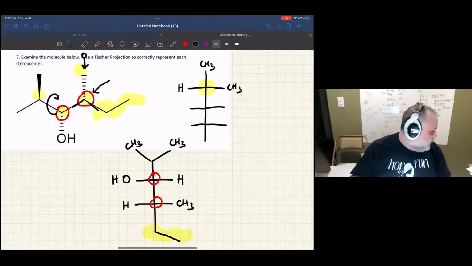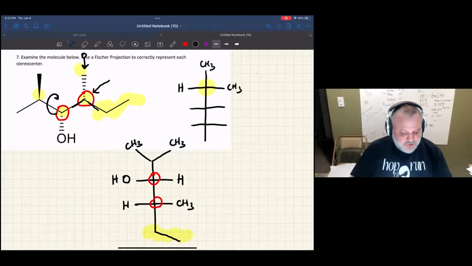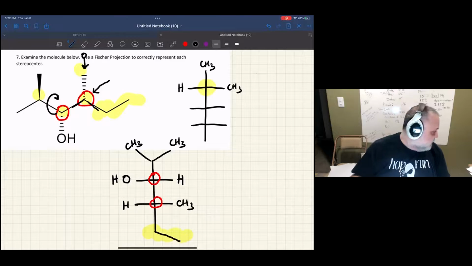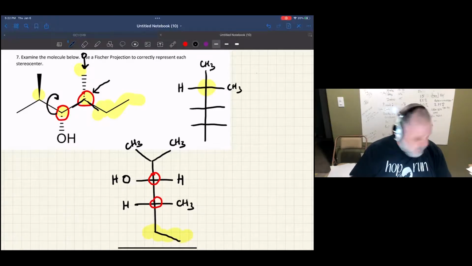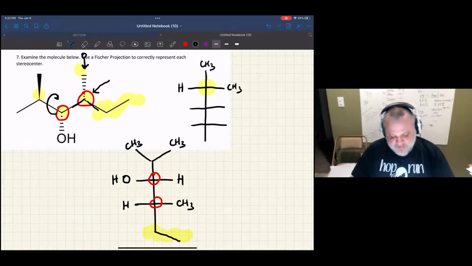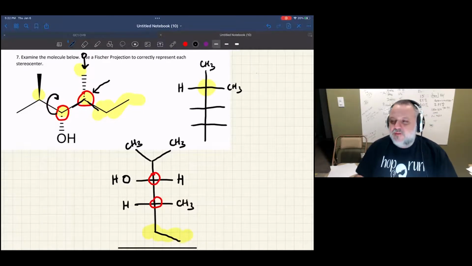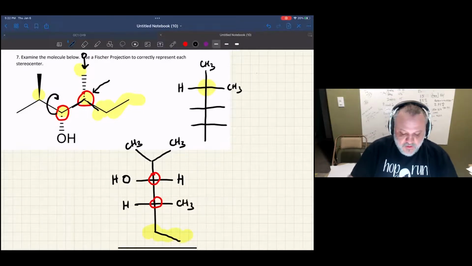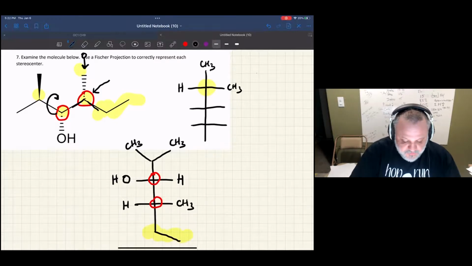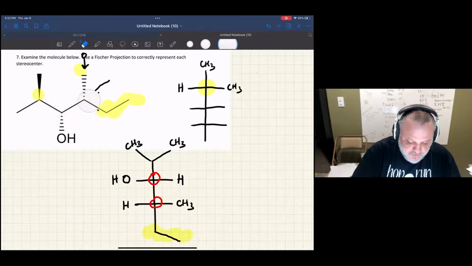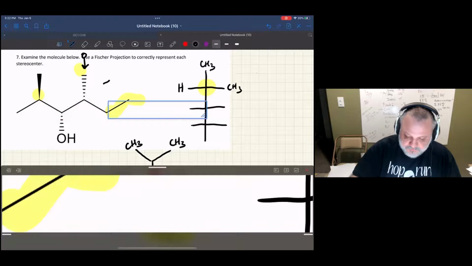I want to make sure that I've done that correctly, and to do that I need to specify the stereochemistry, because as long as you've specified the stereochemistry correctly, then you're fine. So let's take a look at what's going on with these two stereo centers.